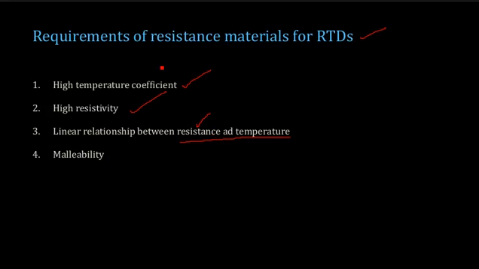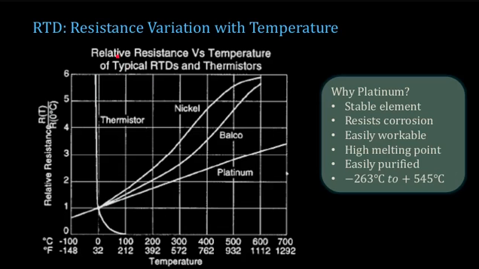And the material should be malleable, that is, it should have good mechanical strength, as well as it should be able to be drawn into thin wires, so that you are able to make different types of RTDs.